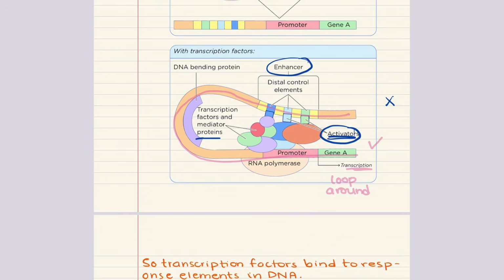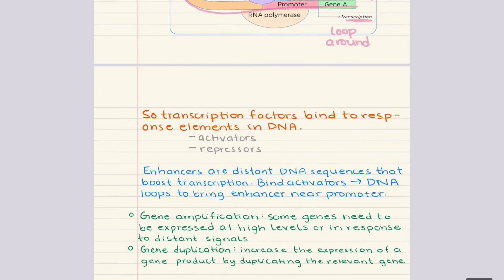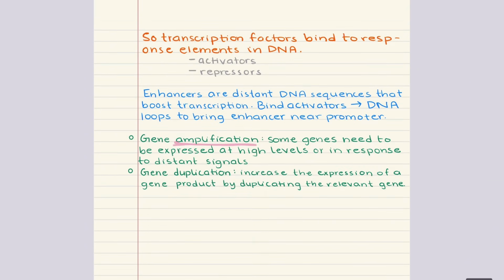But beyond these mechanisms, eukaryotic cells can also increase gene expression through gene amplification. So that means producing extra copies of a gene to boost its output. And a similar idea is gene duplication, where a gene is copied and the extra version is also expressed. Both of those strategies result in a higher level of gene product.